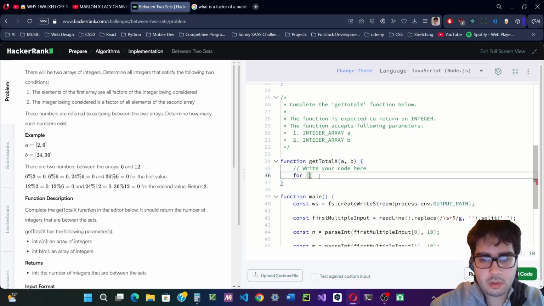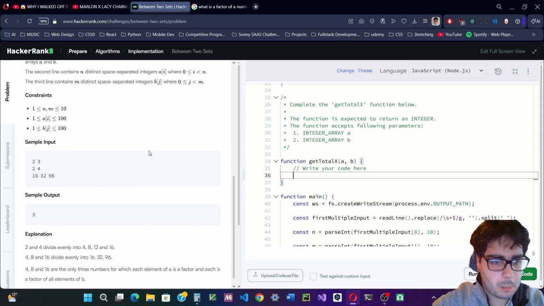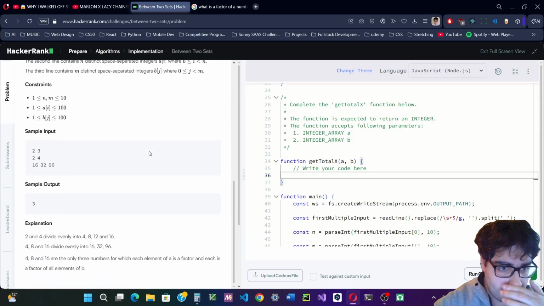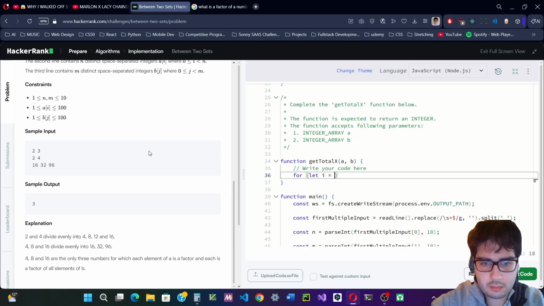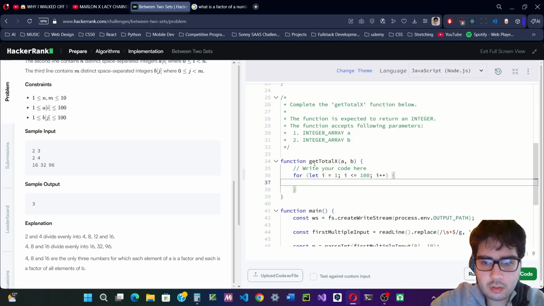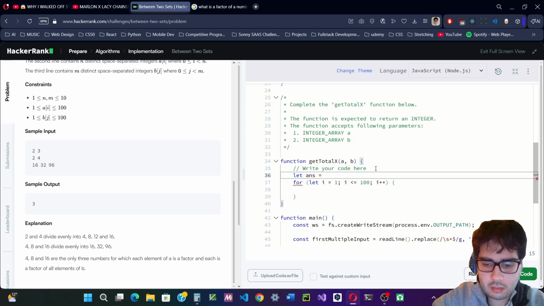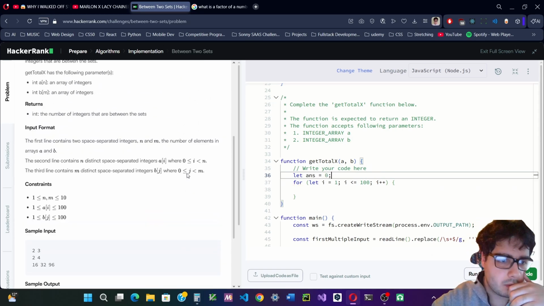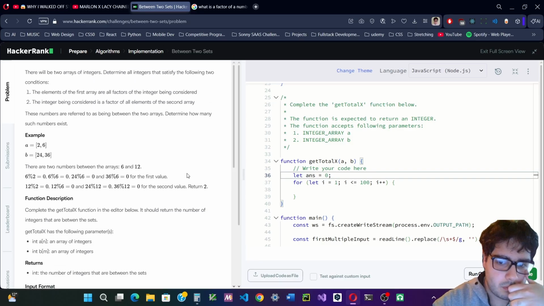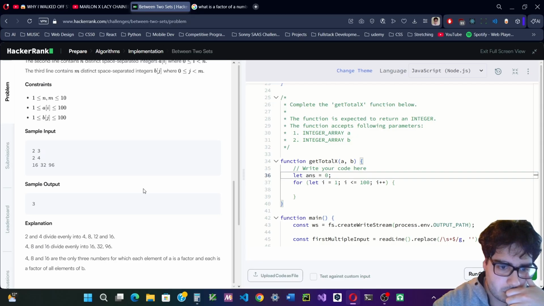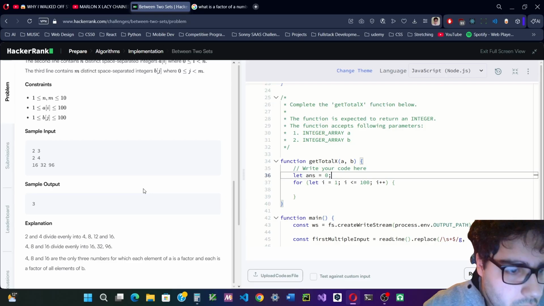Okay, for let i = 1, i less than or equal to 100, i plus plus.